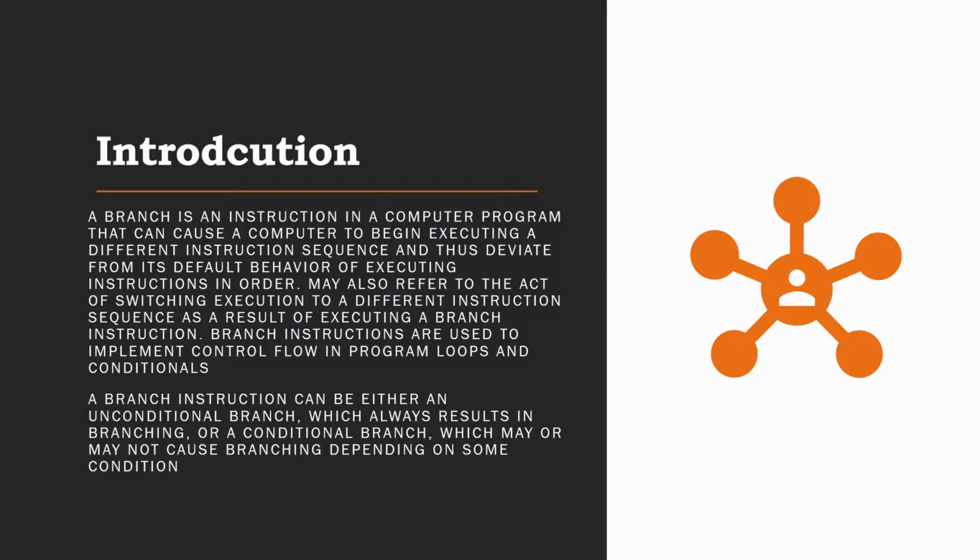Branch instructions are used to implement control flow in programs, loops, and conditionals. A branch instruction can be either an unconditional branch, which always results in branching, or a conditional branch, which may or may not cause branching depending on some condition.